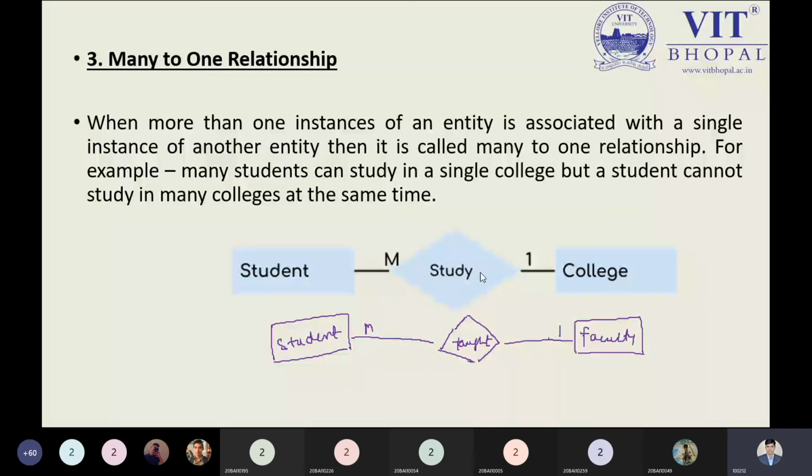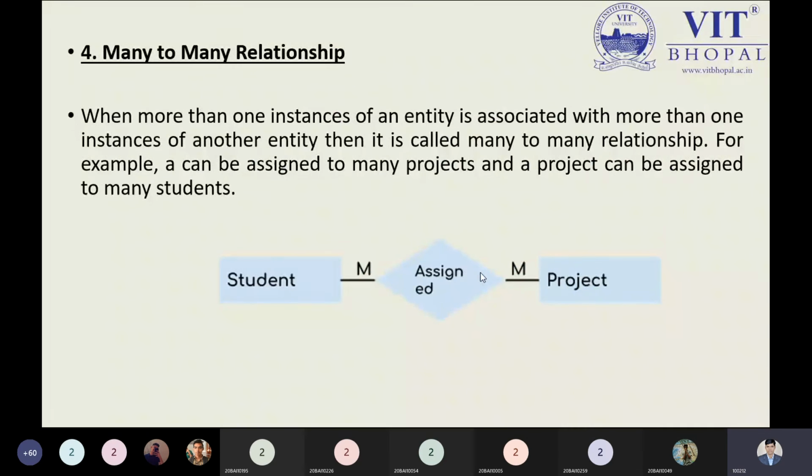And many-to-many. Students are worried about assignments. As a student, you are getting assignments from my side, and from other faculties as well. In the 5 subjects you are studying this semester, 5 faculties are giving 5 different assignments each. So 5 into 5, 25 assignments in a semester.